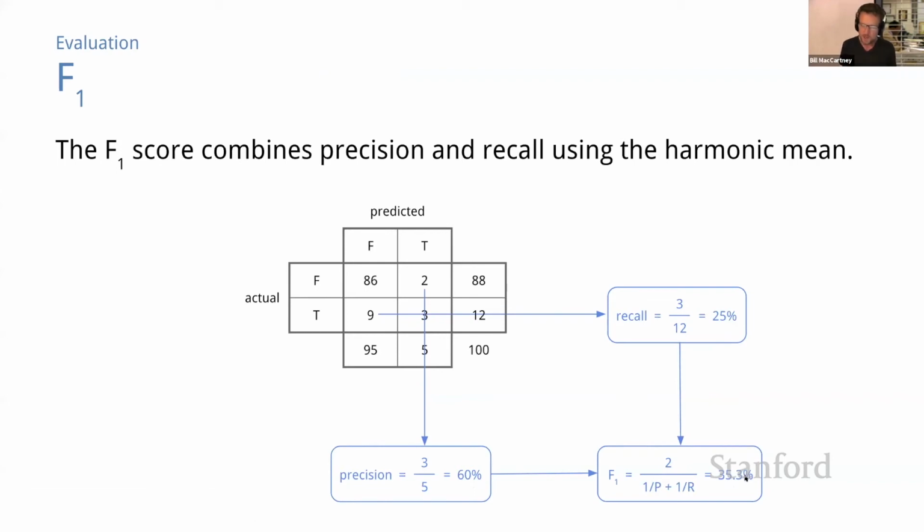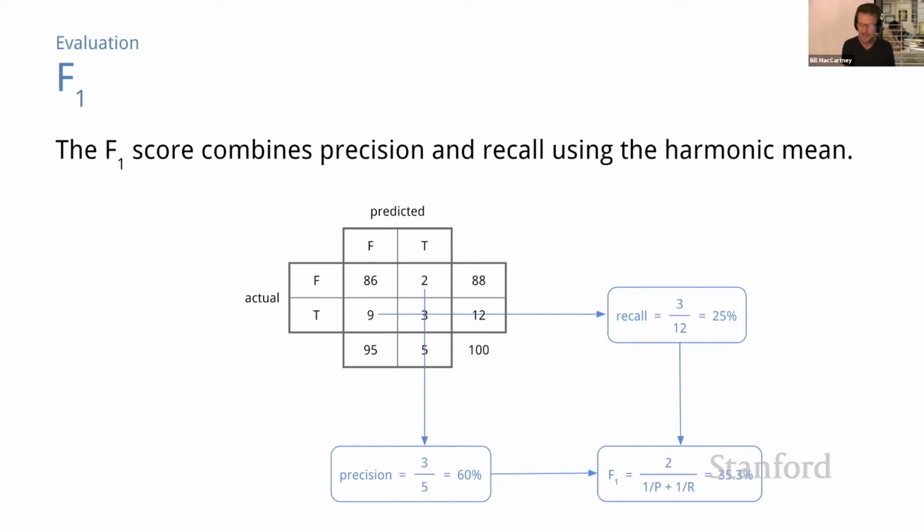Now, the F1 score gives equal weight to precision and recall, but depending on the application, they might not be of equal importance. In relation extraction, we probably care more about precision than recall.